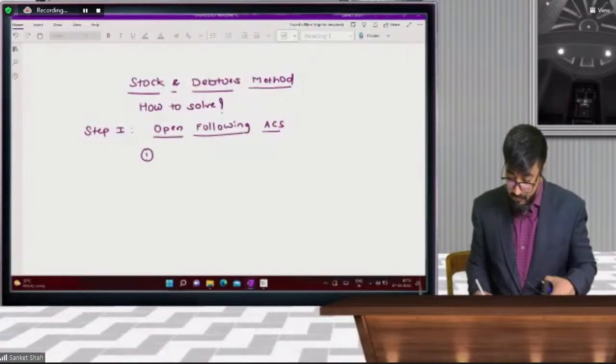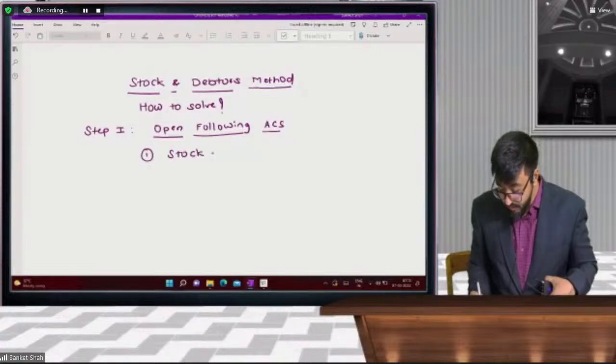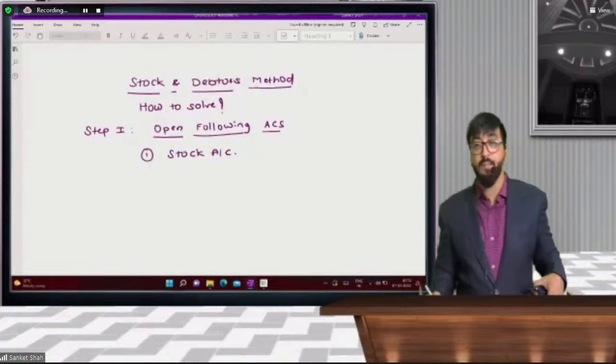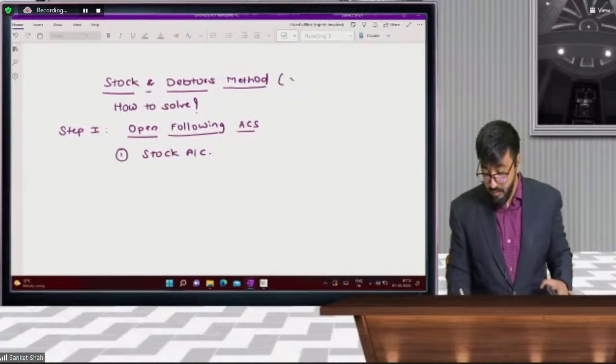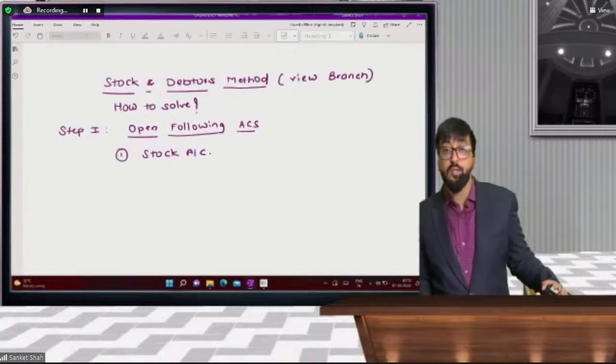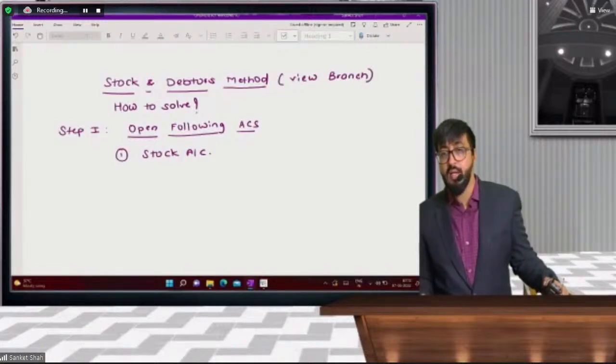Number 1, as the name itself suggests, the stock account. Now see, beta, in the stock and debtors method, the view is of the branch. So there is no need to write memorandum accounts.